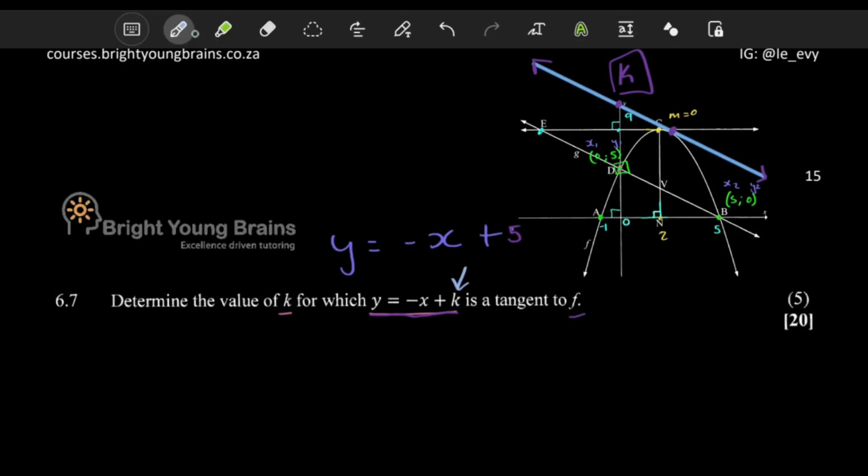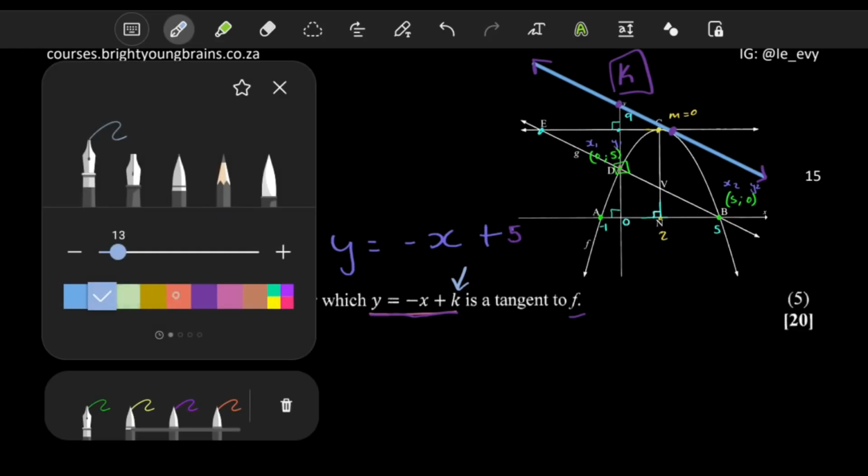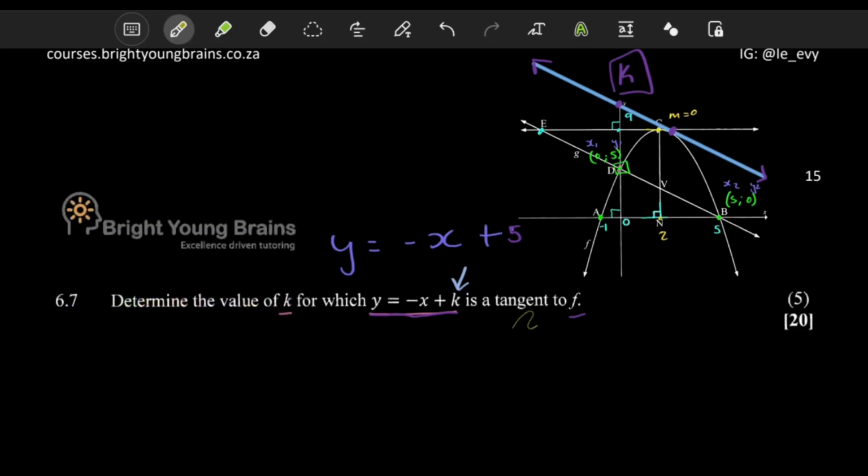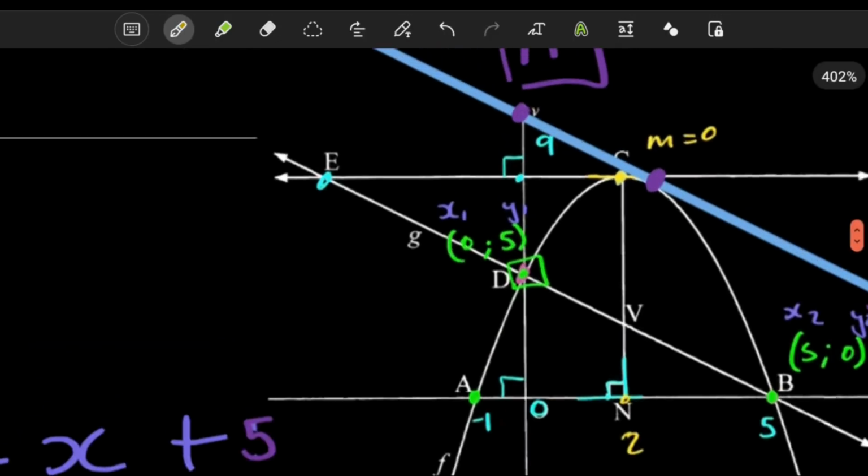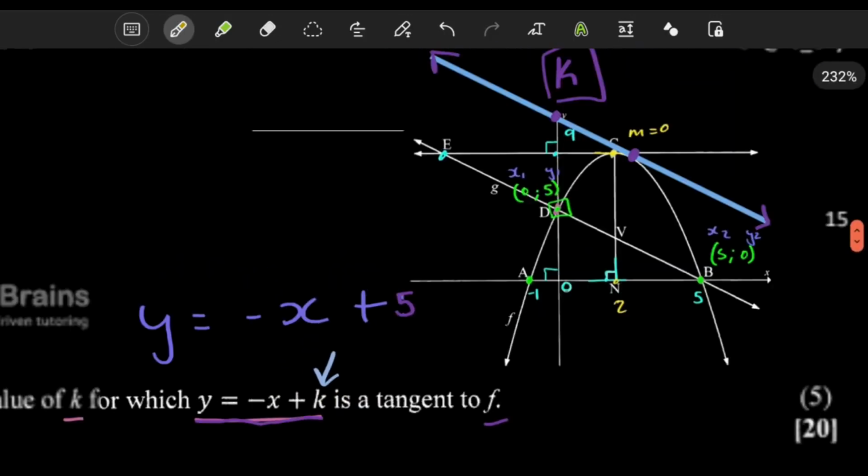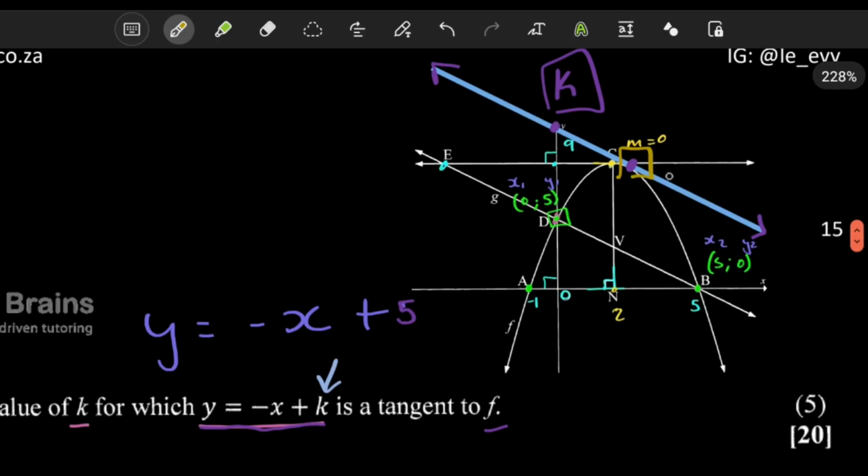Anyways, the first thing you need to keep in mind is getting the equation of this tangent here. The lucky thing is we already know that the gradient is -1. For you to get the y-intercept, I think that's where things get a bit tricky. But luckily, you just need a coordinate that the graph would pass through.